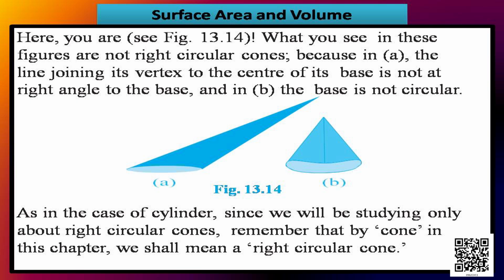As in the case of the cylinder, since we will be studying only right circular cones, remember that by cone in this chapter we shall mean a right circular cone.